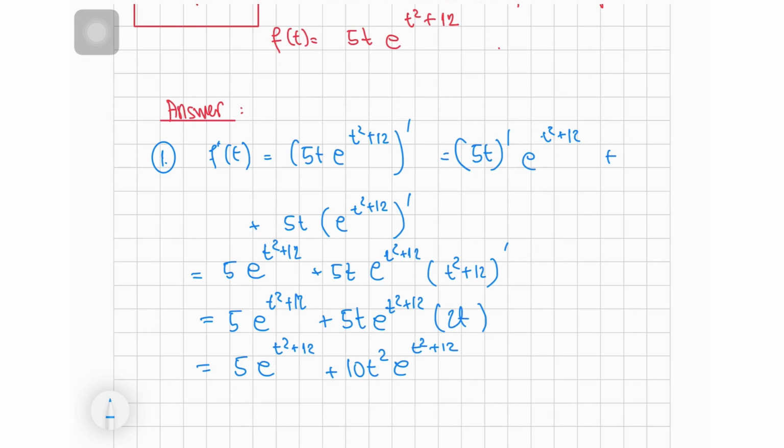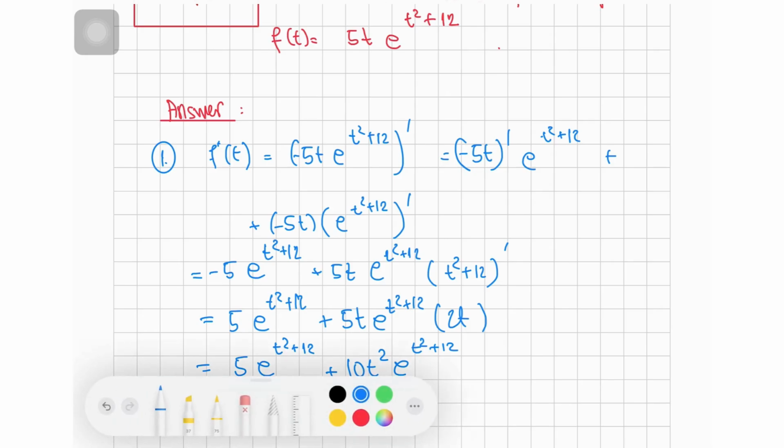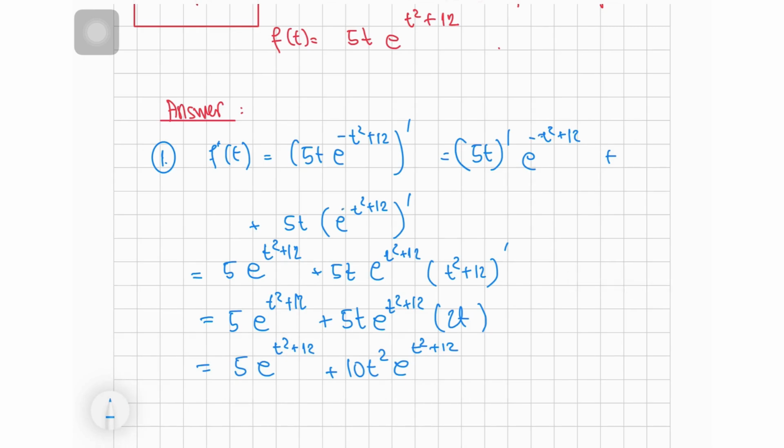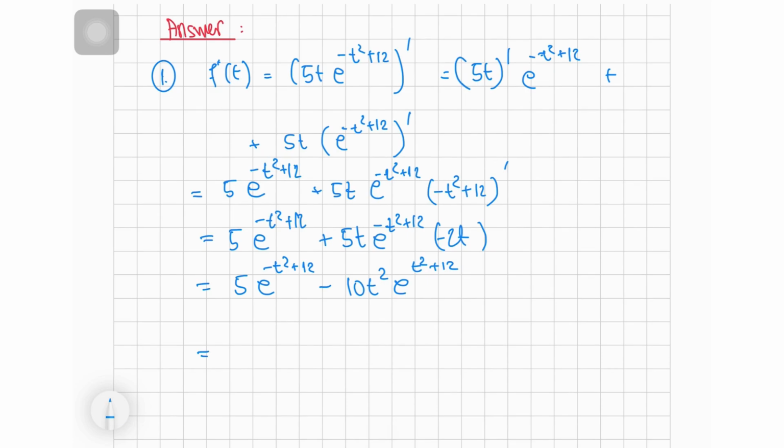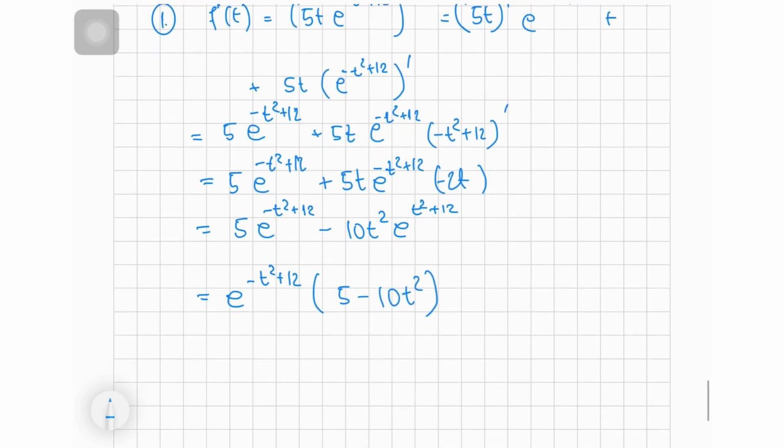In order to make it just a bit more interesting, I will put a minus everywhere where you see the square. So it will be minus 10t squared, sorry for that, just to make things working better. And then we can put the common factor in front of the brackets. So this is the derivative.